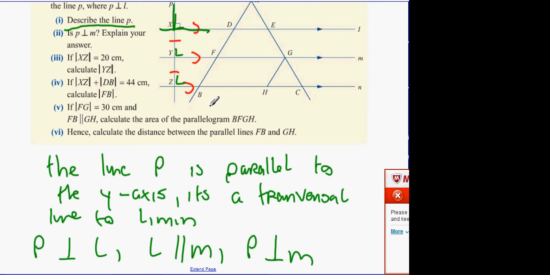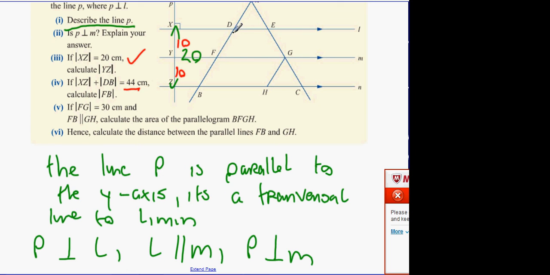Okay, next part. XZ is 20. Calculate YZ. So XZ is going to be this part here. From here to here is 20. What do you think YZ has to be? Because both of them have to be equal. If XZ is 20 plus DB, XZ plus DB is 44.